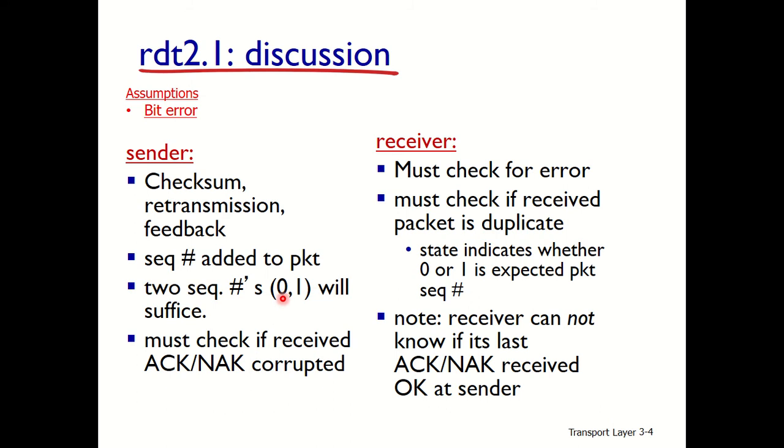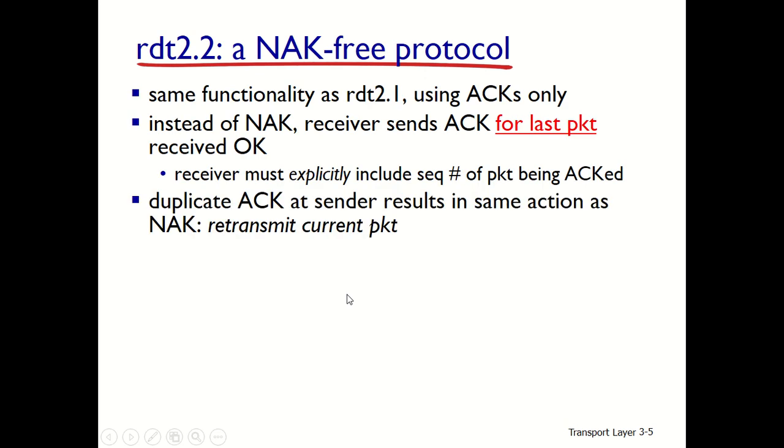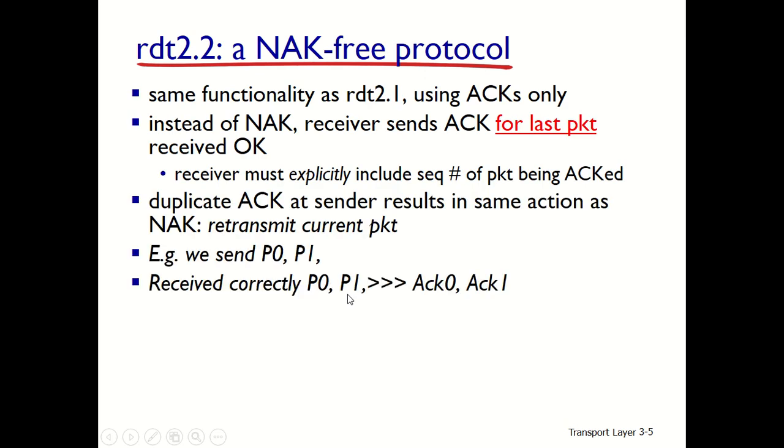So the first packet will have sequence number 0, the second will have sequence number 1, the third packet again will have sequence number 0, the fourth will have sequence number 1, the fifth will have sequence number 0, the sixth will have sequence number 1. In this way, you can see that P0 is received correctly, and P1 is received correctly.